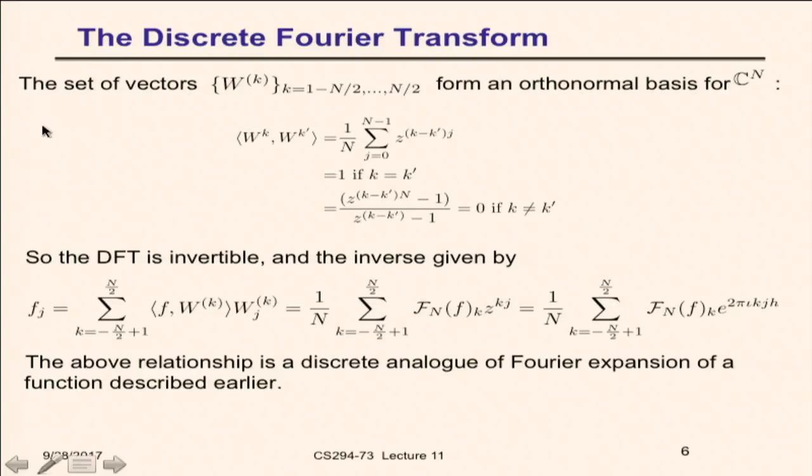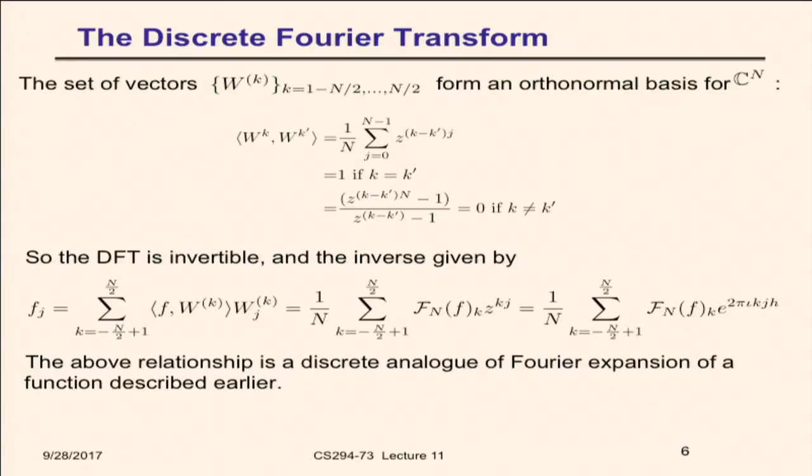So you have the inner product of w_k with w_k prime is the sum 1 over n, j equals 0 to n minus 1, z to the k minus k prime j. That is a geometric series. So it's equal to 1 if k is equal to k prime, and it's equal to 0 if k is not equal to k prime. End of story. So you have a complete orthonormal basis.